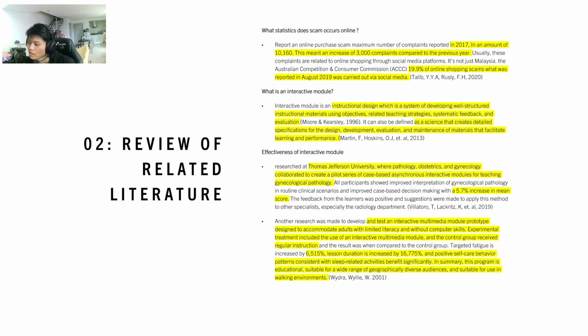In summary, this program is educational, suitable for a wide range of geographically diverse audiences, and suitable for use in working environments. And this one as well proves another reason why we should incorporate interactive modules into our learning system. For example, if we are approaching someone who has no idea of how to use computers, or doesn't even have the experience of using 21st century technology efficiently, here we can see they have tested it on people with limited literacy and without computer skills.